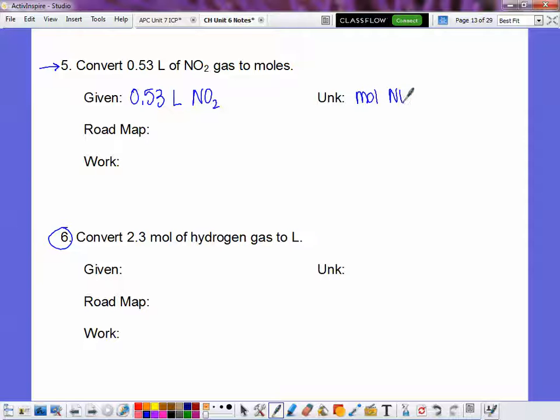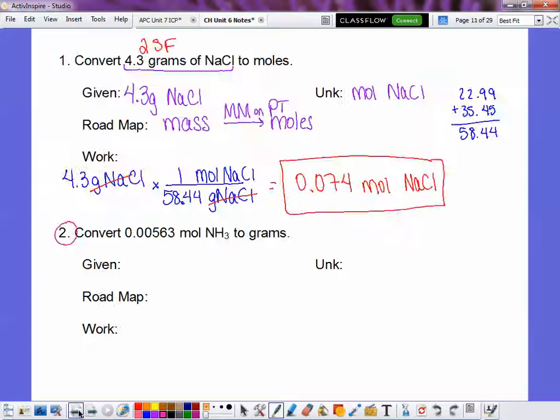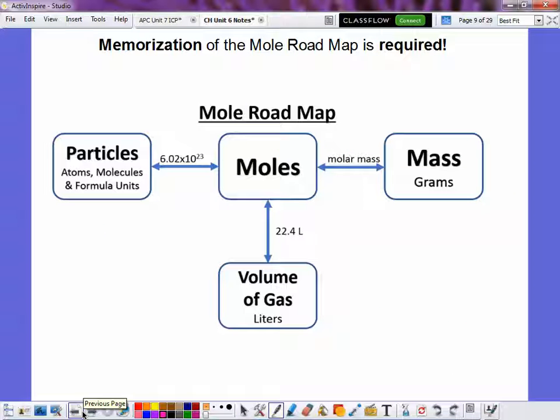And what are we asking to find? Moles of NO2. What type of measurement is a liter? It's a volume measurement. So this is the third definition, the third part of that roadmap. Now we're going from volume to moles.